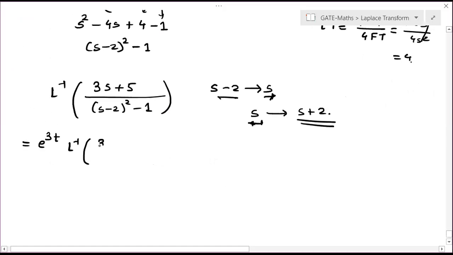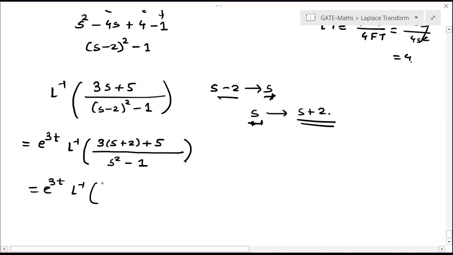So this will become 3 times s plus 2 plus 5, divided by this s which becomes s plus 2. So s plus 2 minus 2 will get cancelled out. This is s square minus 1. Now this is e to the power 3t Laplace inverse of 3s plus 3 twos are 6 plus 5, divided by s square minus 1.